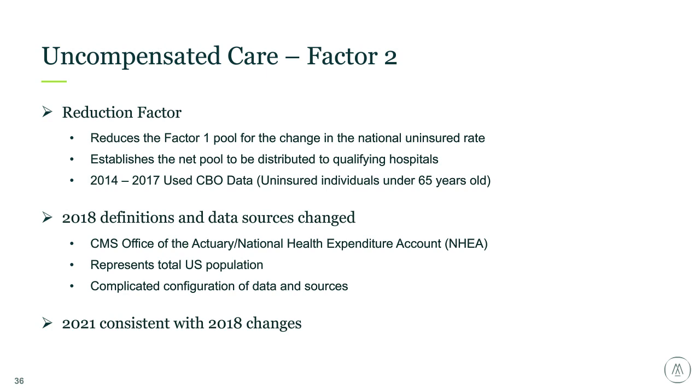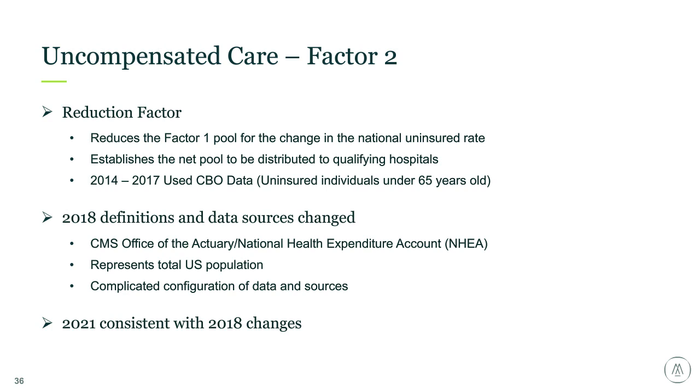Many of those commenters cited the substantial increase in the unemployment rate and the likely loss of employer-sponsored health insurance, using references from the Bureau of Labor Statistics as well as independent research groups. And as we'll see on the next slide, CMS did take these comments into consideration and updated their projections in an attempt to include the impact of COVID-19 on the change in the uninsured rate.